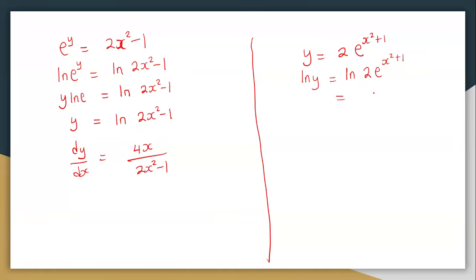Shami, I've not chosen product rule, but okay, let's first do this side: 1 over y dy. Now what I've done on this side is I split first. We can't do it at the same step. We first split. So natural log of 2.